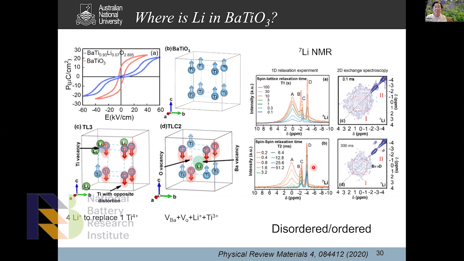And then you have a defect cluster as well, coupled with the titanium-3, giving you another lithium peak. So that shows you it's very complicated where the lithium is located in this case.